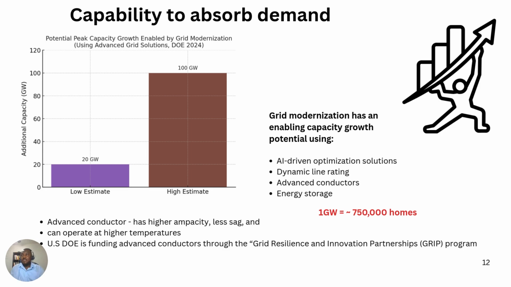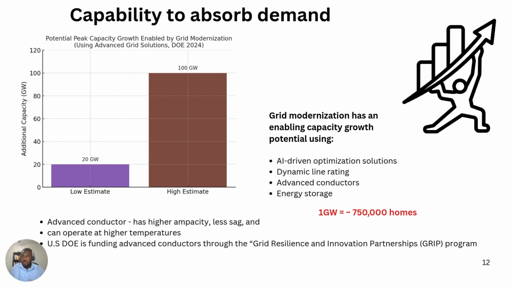Okay, now there's the opportunity that comes with modernization, and it has been estimated that in the US, with grid modernization, there is the opportunity to have an additional 80 gigawatts. So this is, let's say, the base case. You have a grid that is old.